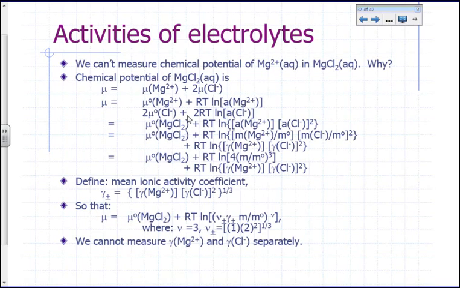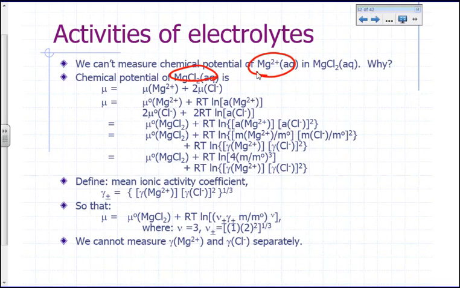So you cannot really just measure the chemical potential of a particular ion, because the electron neutrality condition requires that you cannot just put magnesium ion in solution. It has to come with a negative ion. So what we need to do is define a chemical potential for an electrolyte itself, a compound that's in aqueous solution.